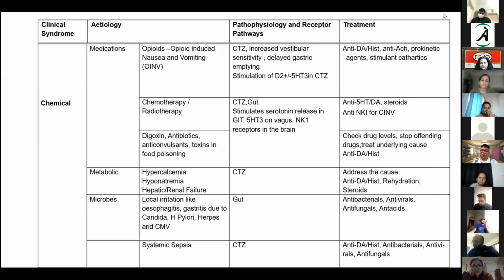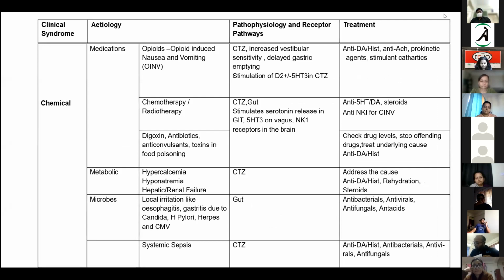Chemical causes have varied different ways. One of them would be medications, which would be either the opioids, which you'll commonly find amongst patients being looked after under palliative care services, then chemotherapy or radiotherapy induced, or medications used for other comorbidities, like in heart failure, you'll be using digoxin.